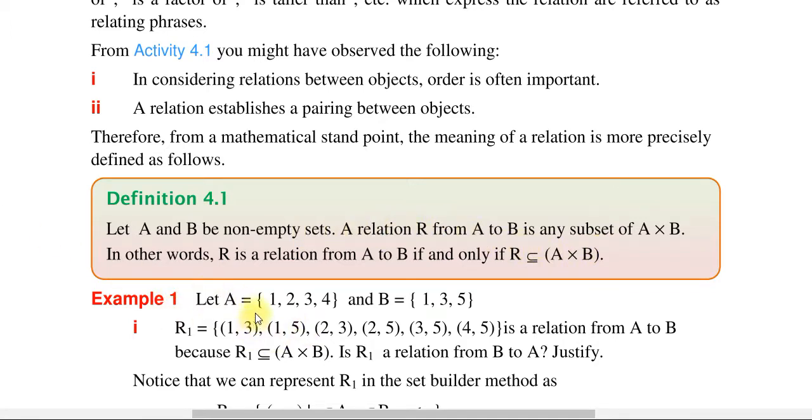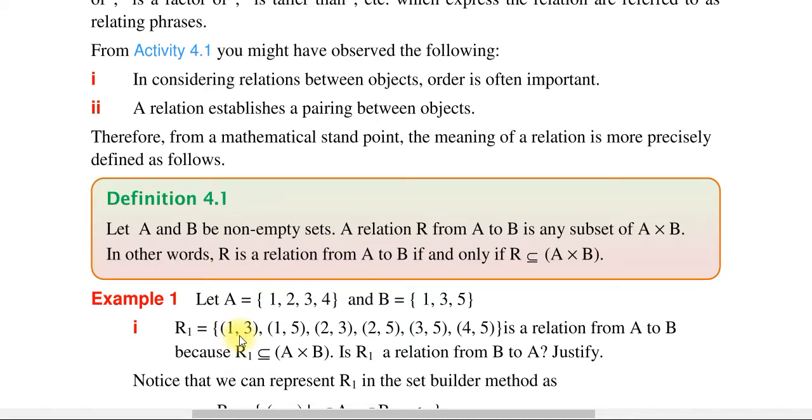ስለዚህ ኤግዛምፕል ማችን ምን ይላል? A set is a set of 1 2 3 4 and set B is a set of 1 3 5. Okay, R1 ማለት ምን ማለት ነው?